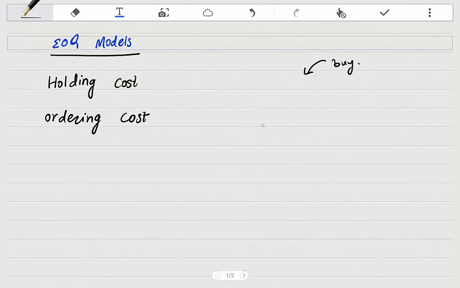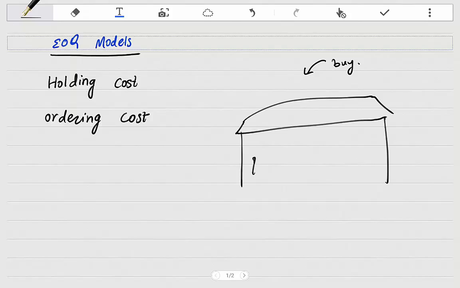You have to build a storage facility to hold all the beers. You have to insure all these beers. You have to pay for the breakage; the more you hold, the more you're going to break. And all the overhead associated with the guy who brings the beer from the storage, and all these things. That is holding cost. Really, the cost of holding the inventory is holding cost.